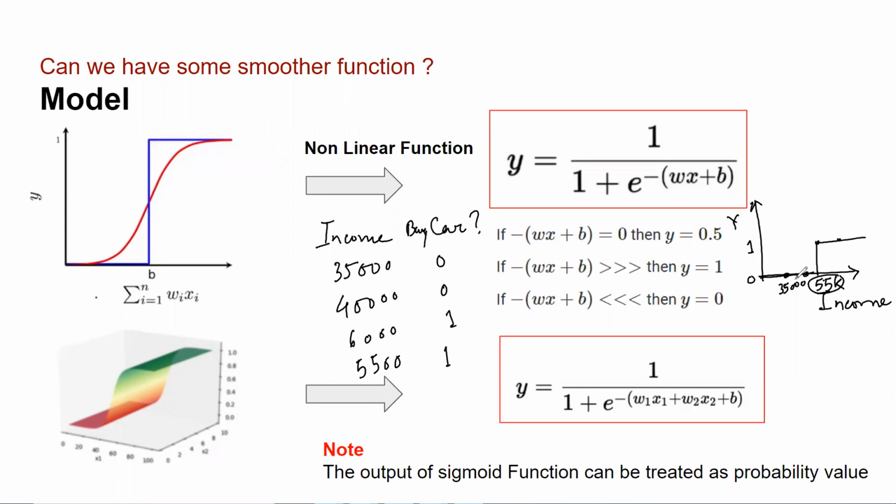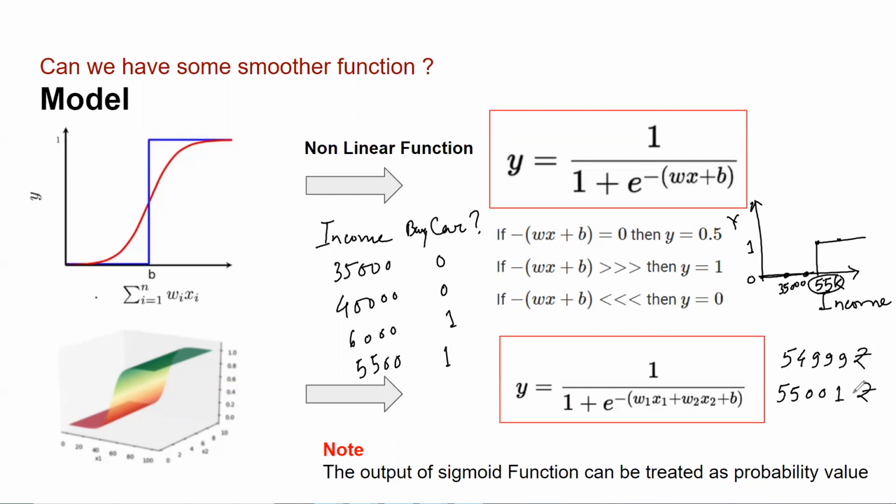Yeah. Okay. Now, if I show this graph to some other person, he might say, how does this hypothesis make sense? What we are saying is that a person with 54,999 rupees income is not able to buy a car, but a person with 55,001 rupees is able to buy a car.